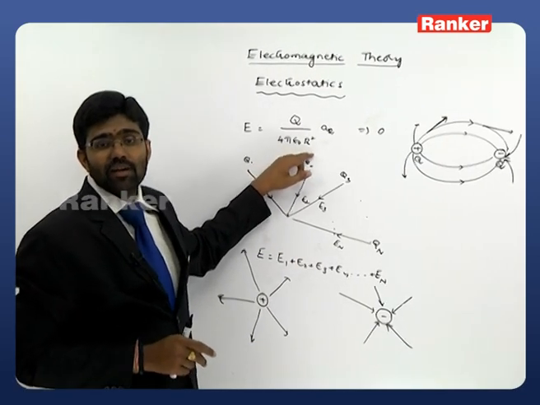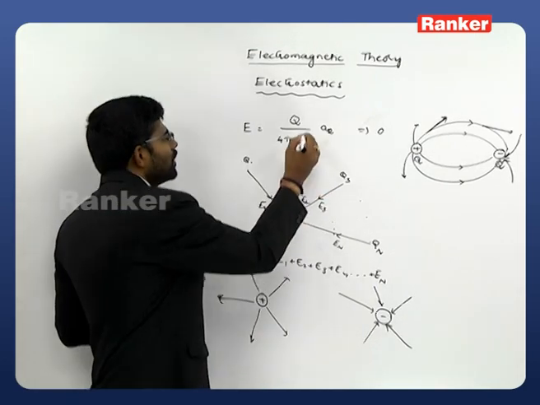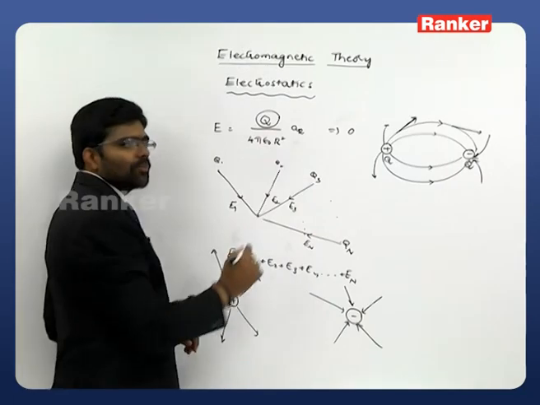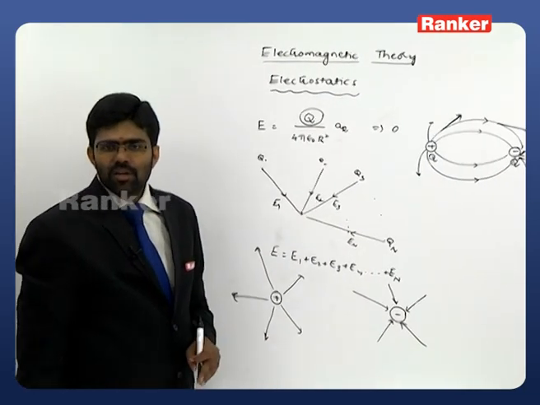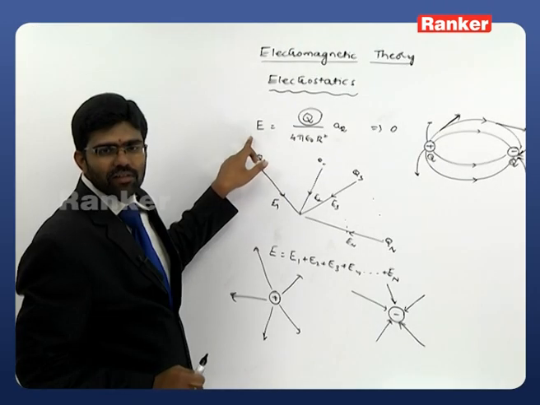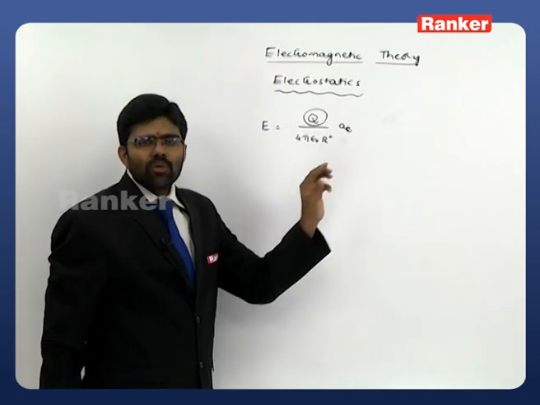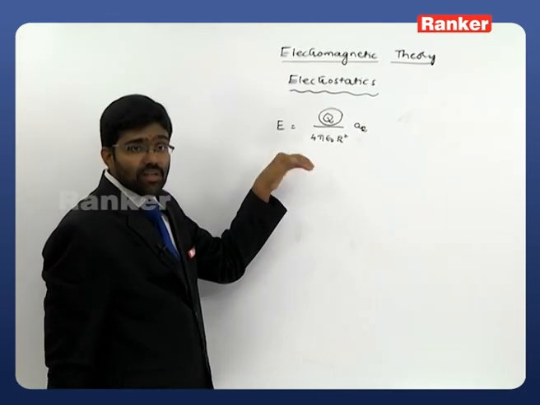If we are considering line charge, how do we write this electric field intensity? Very simple, take this Q in terms of line charge density. How do we write the equation for the electric field intensity in the case of line charge?